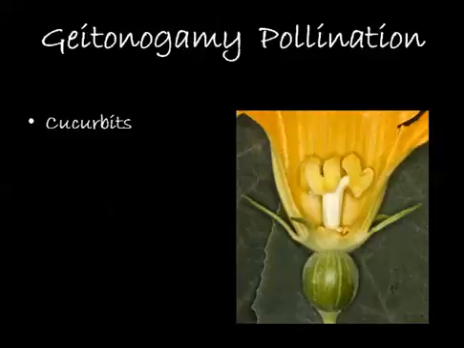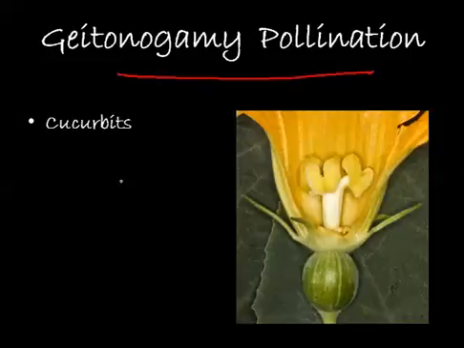The third situation is geitonogamy pollination. This type of pollination is normally found in the Cucurbitaceae family, and in maize also we find it. In this situation, the pollen from a flower falls on the stigma of another flower of the same plant.